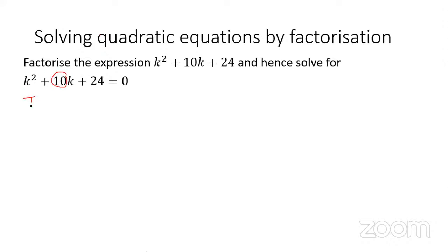So we're going to look for two numbers that when we add them, they give us 10, and when we multiply them, they give us 24. What could those numbers be? Just give it some little time and we think about them.